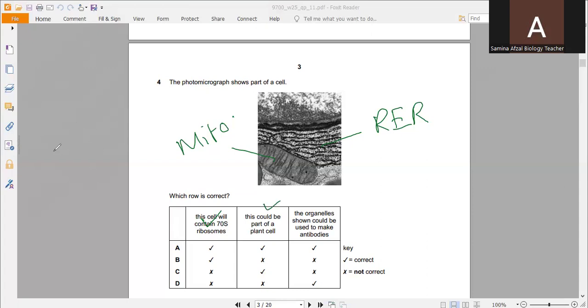Now the third, the organelles shown could be used to make antibodies. Antibodies are proteins. The rough endoplasmic reticulum is responsible for synthesizing proteins for secretion, and mitochondria provide the ATP required for this process. So this statement can also be correct. According to these three statements, the answer is A, because all these three are correct. So A is the correct answer.